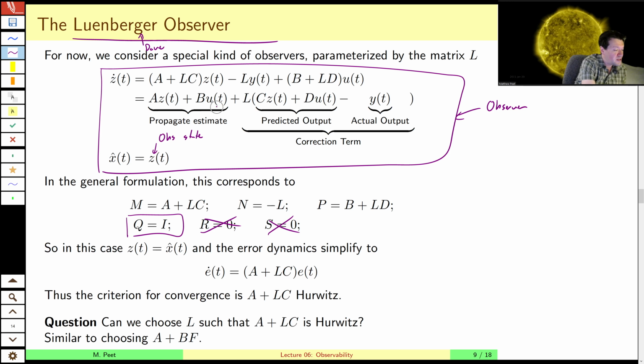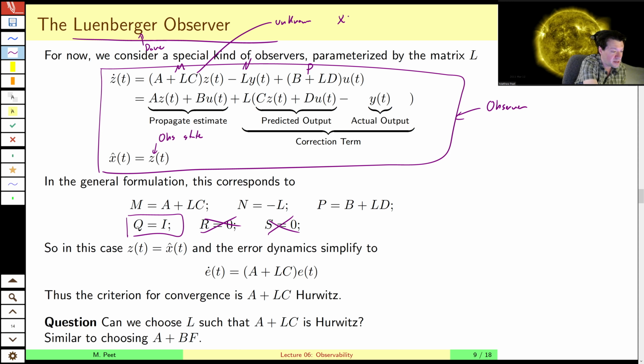So what does the rest of the observer look like? It's based on an intuitive understanding of what you would like an observer to do. So it has this form: A plus LC, Z, plus, so this is M, this is N, and this is P. He chooses these particular values of M, N, and P, where actually the only unknown is L. The D, the B, the A, those all follow from the system itself.